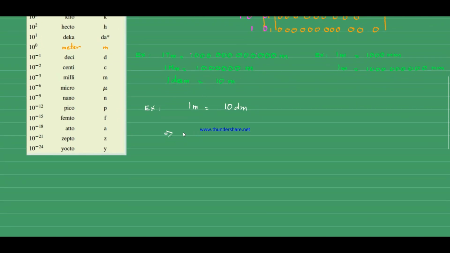There's always two. The first conversion factor is the ratio when you put 1 meter on the top and 10 decimeter at the bottom, or you can put 10 decimeter on the top and 1 meter at the bottom. So we always have two conversion factors to convert units between meter and decimeter.